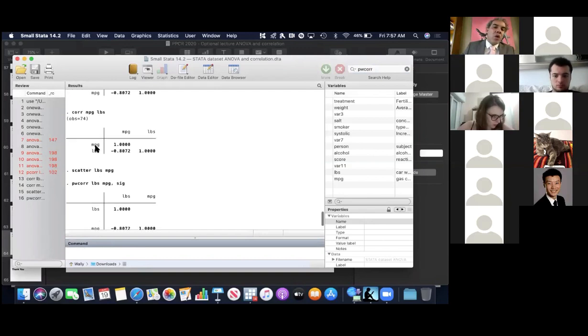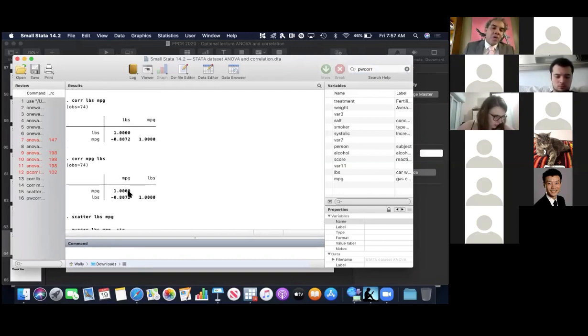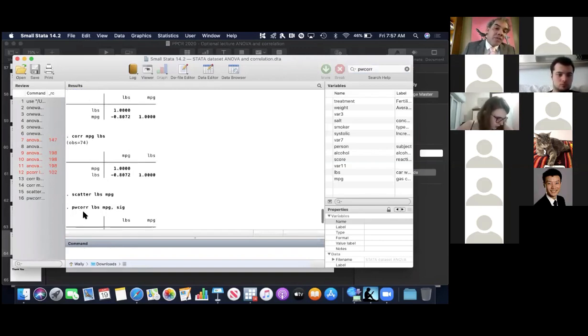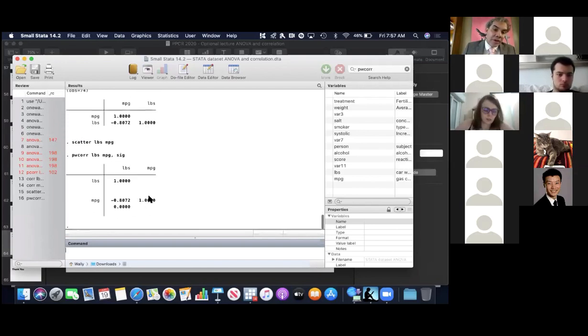When I only want to see my Pearson correlation coefficient, I use the core command. If I want to see my correlation coefficient and whether it is significant, I use the PW core command and put LBS MPG, comma, and put SIC for significant. Okay. And I will have here my correlation coefficient, and it says it's really significant.